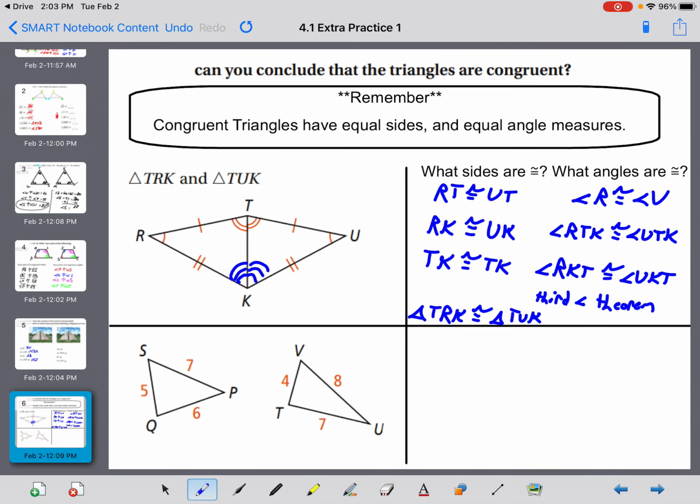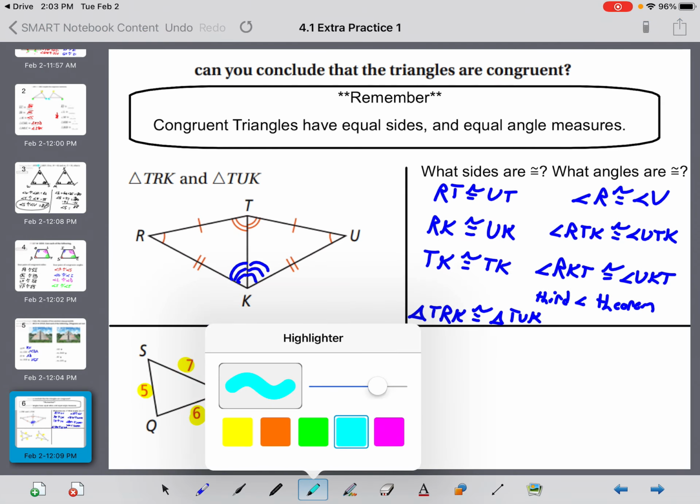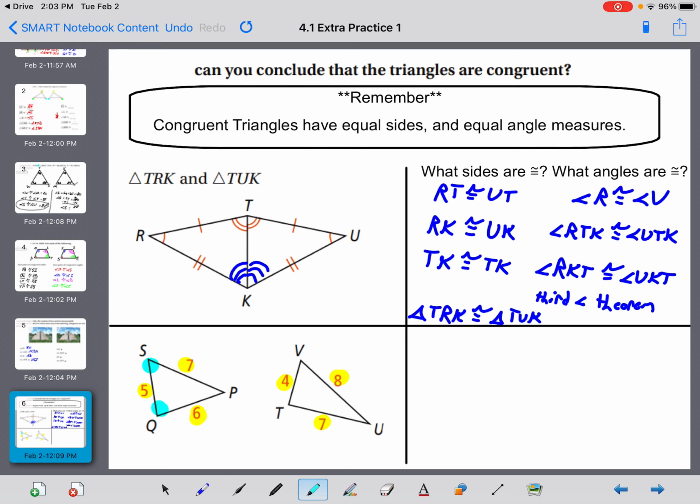Now, if you look at the bottom figure, we have 5, 6, and 7 as side lengths, and we have 4, 7, and 8 as side lengths, and then we have no angles identified, right? So we can say that these are not congruent.